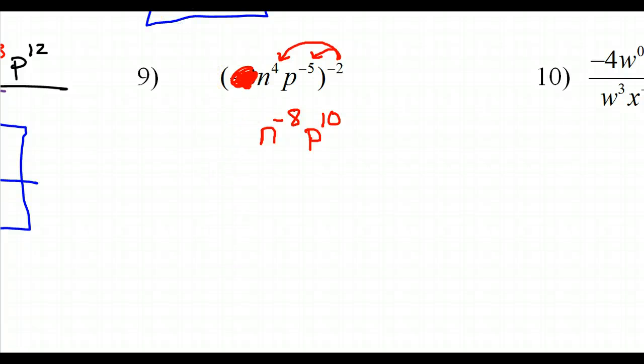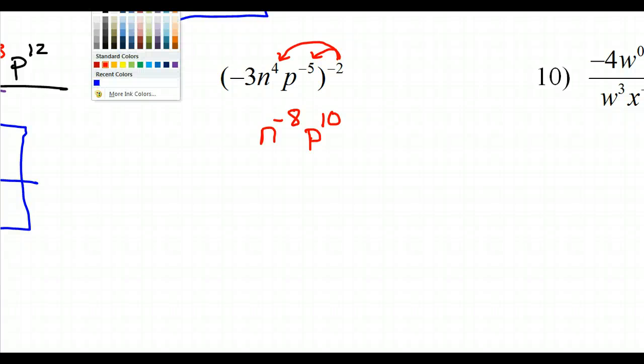Now, but what to do with the -3? If this were a +2 power, then I could just square it and get 9. But with it being a -2 power, some kids will think that you just change the sign. No. This being a -2 has no effect on whether this is positive or negative. Negative exponents drop things to the other side of the fraction.